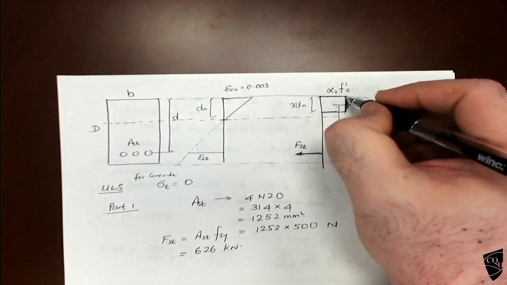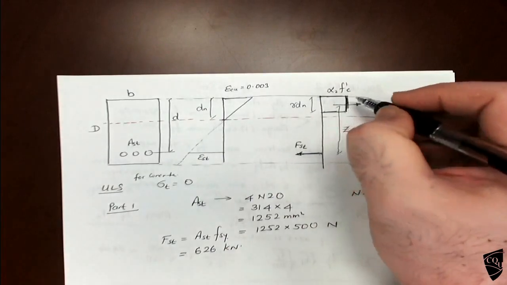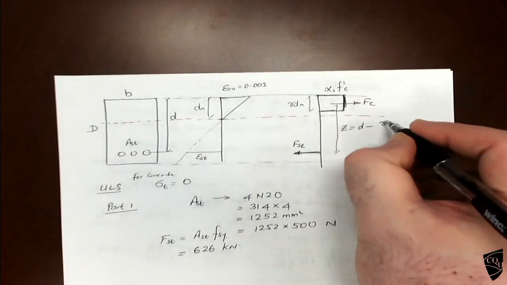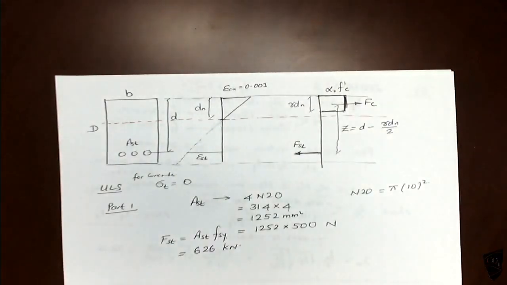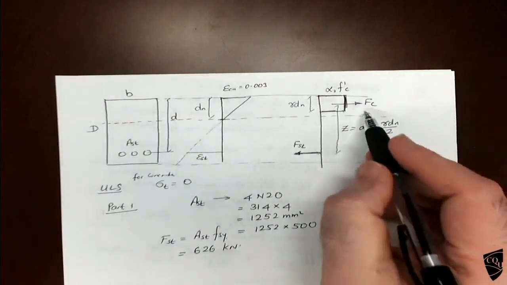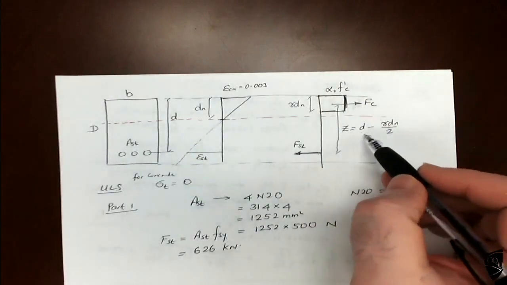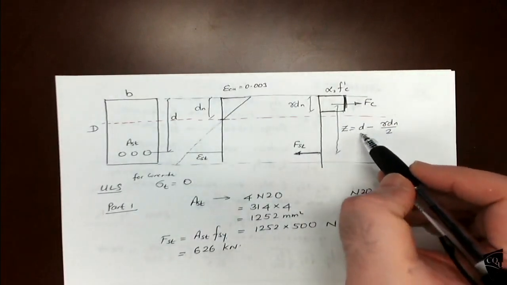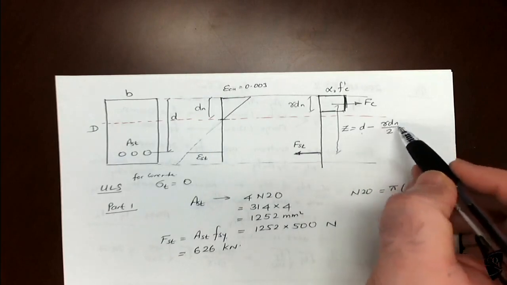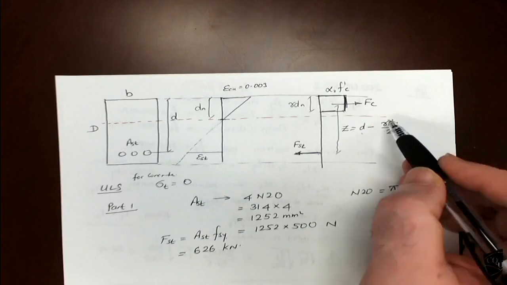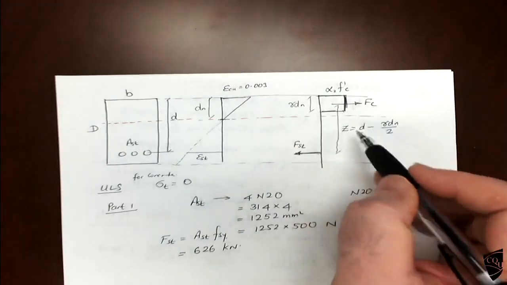This is rectangular stress, so it's half, gamma dn by 2. So if you want to find out the moment, you need the Z. D is given, gamma can be found, there is an equation in the standard. So I need to find out dn, then only I can find out the moment.